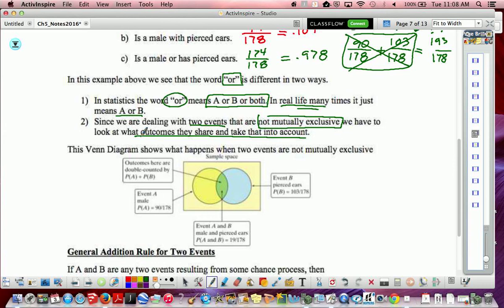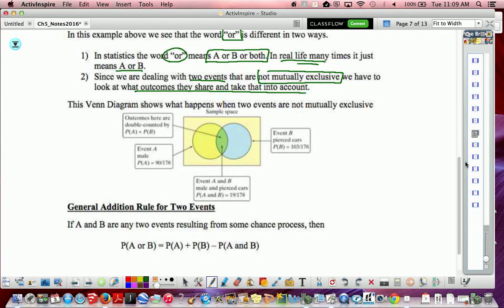One of the ways we like to represent this visually, when two events have shared outcomes, is a Venn diagram. Guys, remember doing these a little in Algebra 2? Vaguely? You're probably doing Venn diagrams in Algebra 2 in the next couple of days. Anyway, just to help you remember how Venn diagrams work.